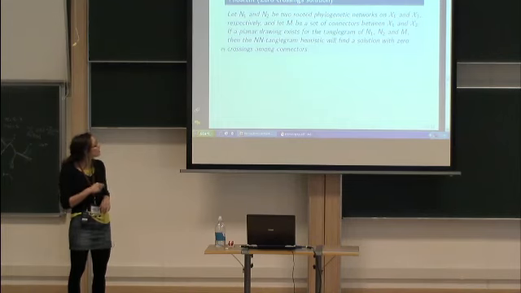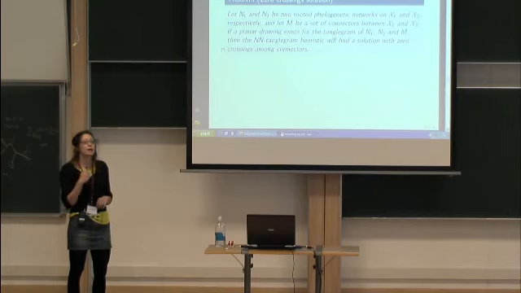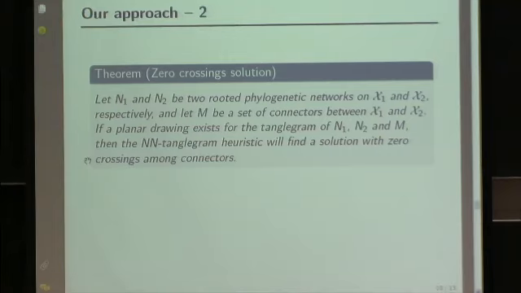In this case, the fact that I use NeighborNet to get an ordering assures me of finding a solution without any crossing between edge connectors. So if there is a solution that is planar, then I get the good solution.